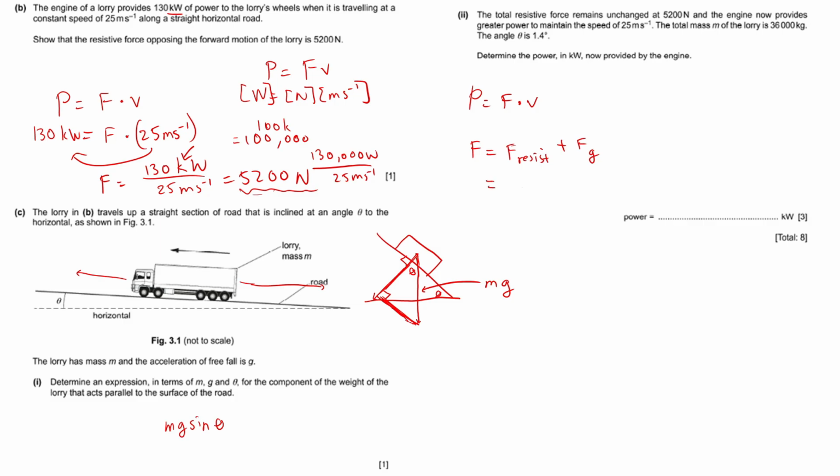So we already solved for F resist, and they still give it to us in the problem. So in this case, this is going to be 5,200 newtons. Then F of G is simply going to be 36,000. We're using this formula down here, by the way. Multiplied by 9.81, multiplied by sine of 1.4 degrees. And then calculate that.